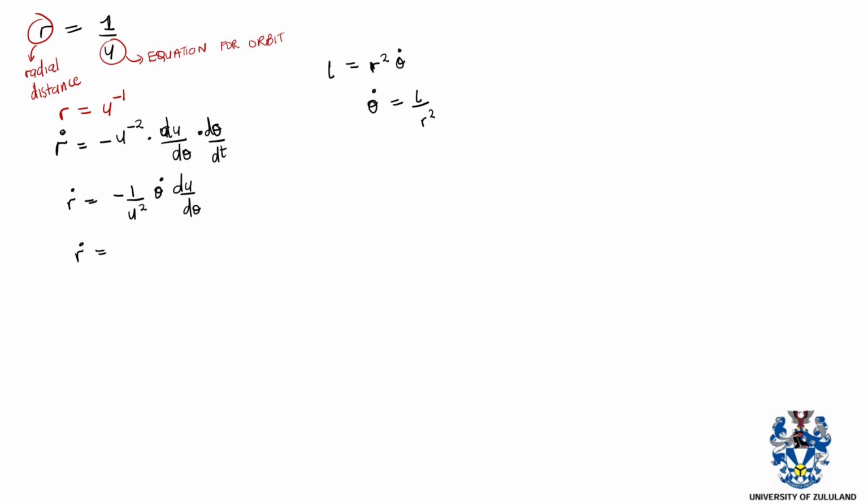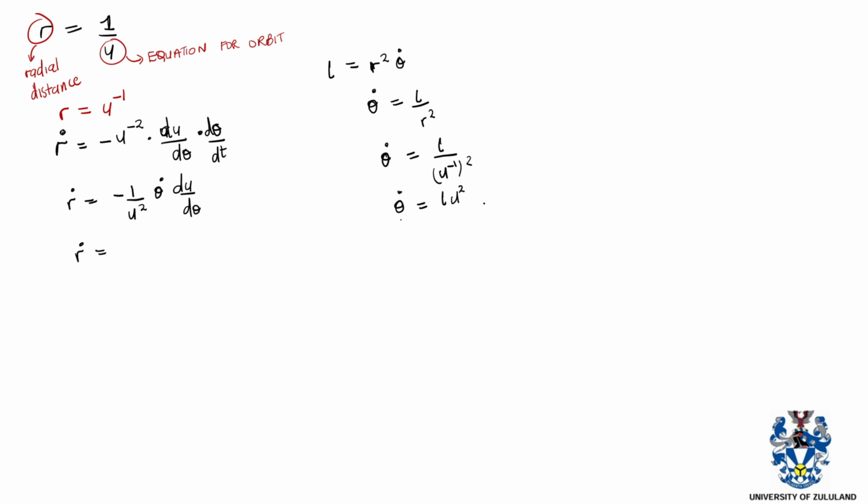Since we have said that r is equal to 1 over u, theta dot is equal to L over u to the power minus 2, which simplifies to theta dot is equal to L times u squared.